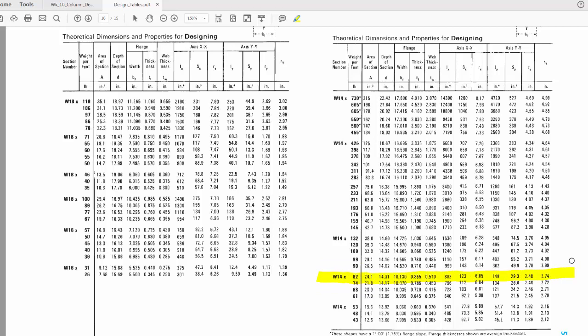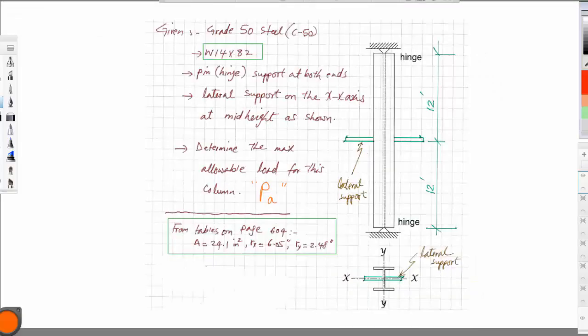To get the area, it is 24.1, as you can see, and Rx is 6.05, and RY is 2.48. So that's where you get your information from.